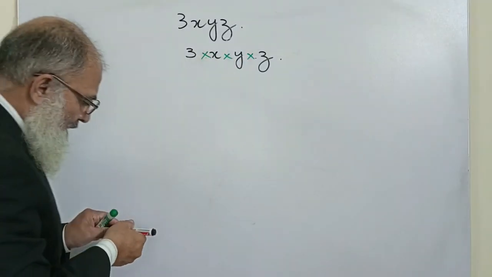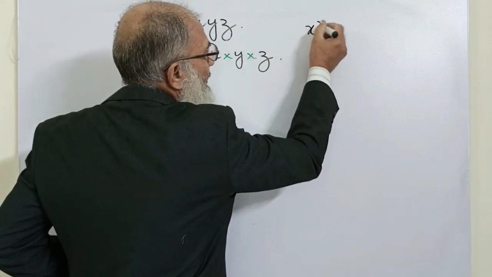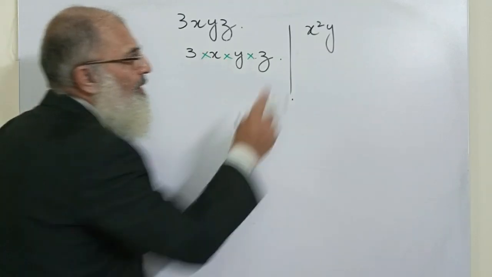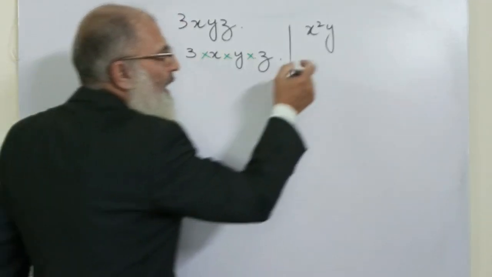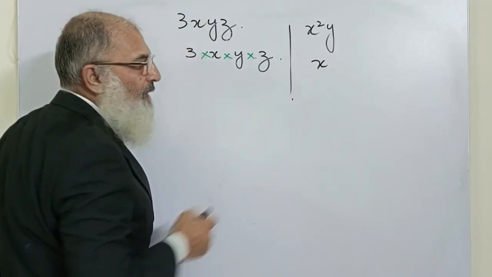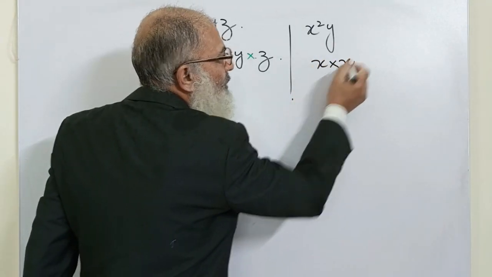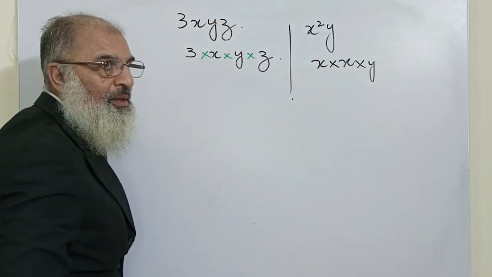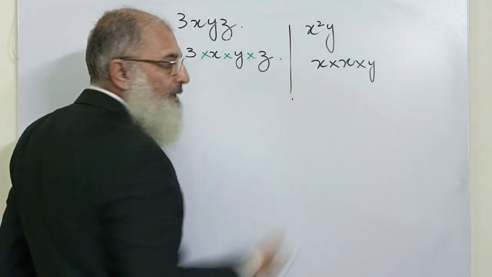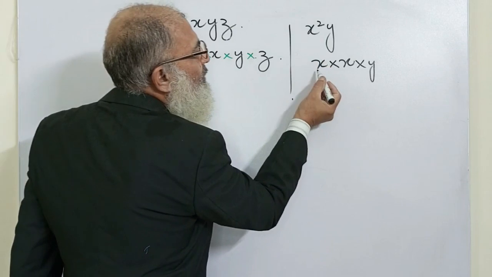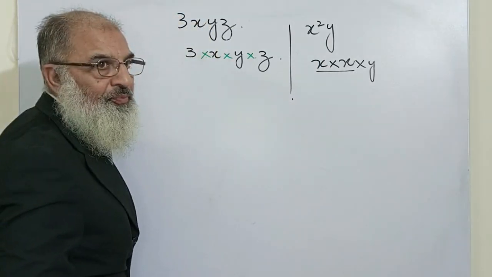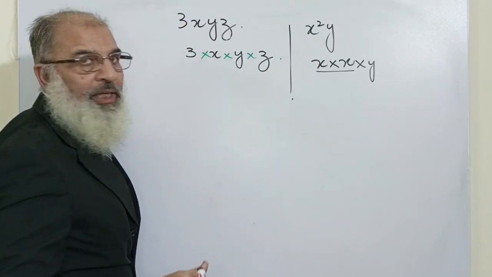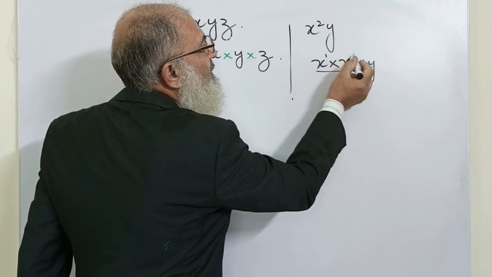Similarly, if this is written like this, now what does it mean? It means that there are 2x, 1x multiplied by another x and then y. So as I told you earlier, you see the bases are same over here, variables are same, bases are same, whatsoever you call it, and indices.